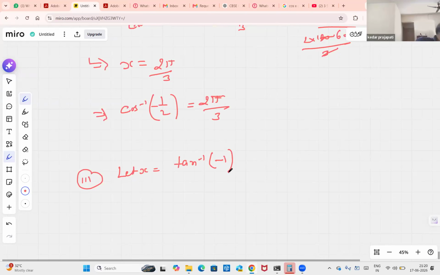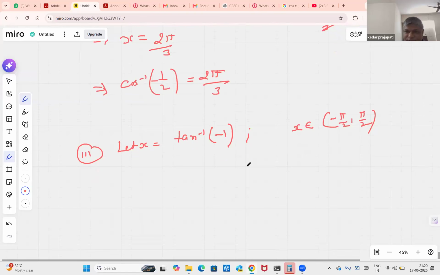What step are we missing? x belongs to minus pi by 2 to pi by 2, open interval. This is a must.